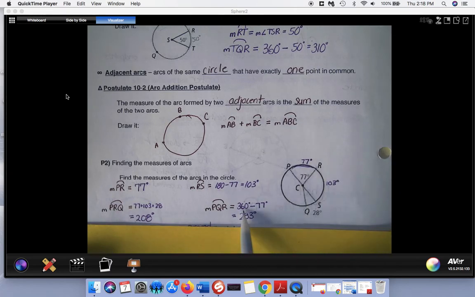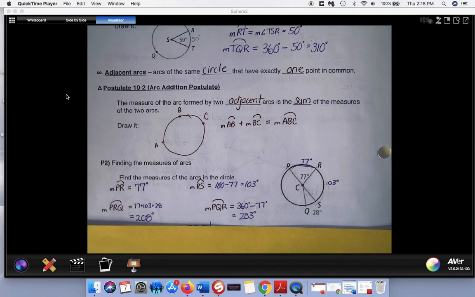So we can take the total degrees in the circle and subtract out the 77, one way to do it. Again, as you're practicing, it would really be helpful to have paper and pencil there and try to sketch the circle down on paper so that you can better trace and find your arc measures when asked to do so.